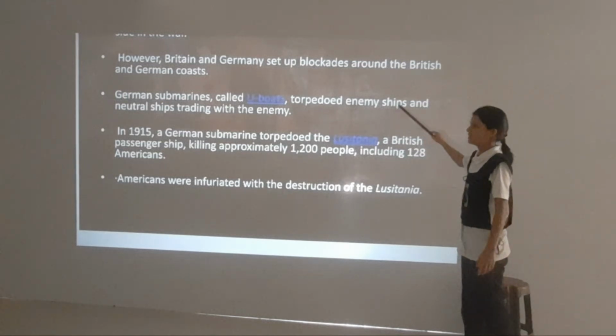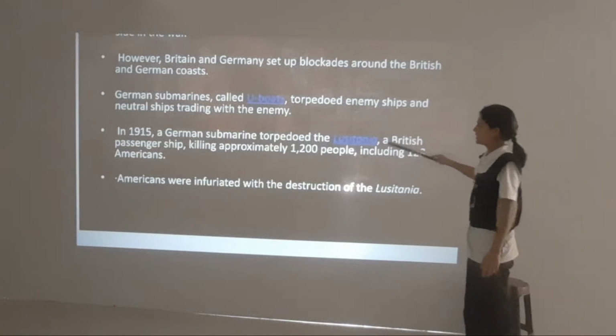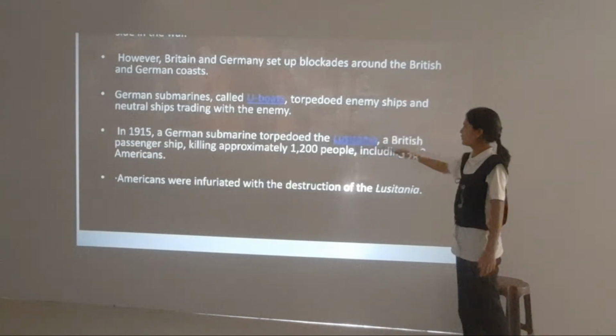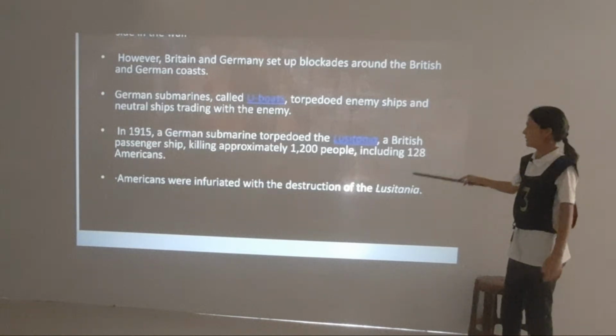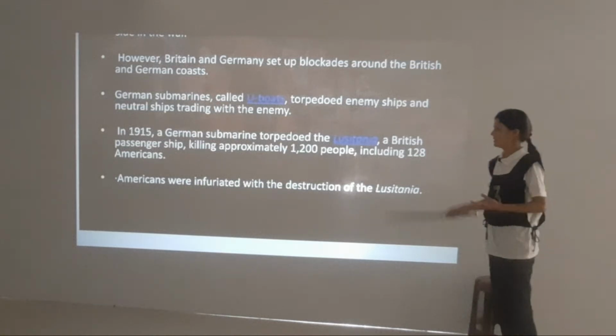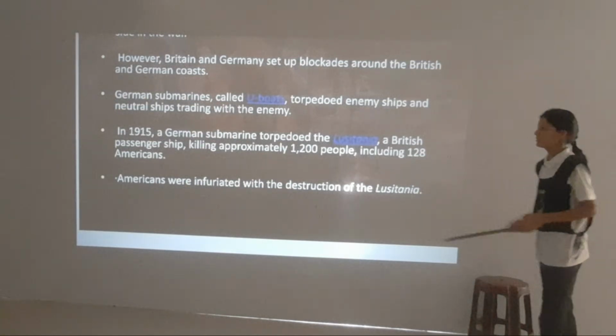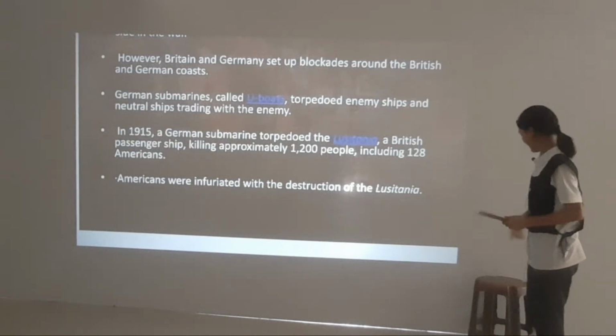Germany is part of the Central Powers, and Britain is part of the Allied Powers. So U-boats torpedoed the Lusitania, and 128 Americans died, and that caused infuriation among the Americans, and that led to the entry of Americans into the World War.